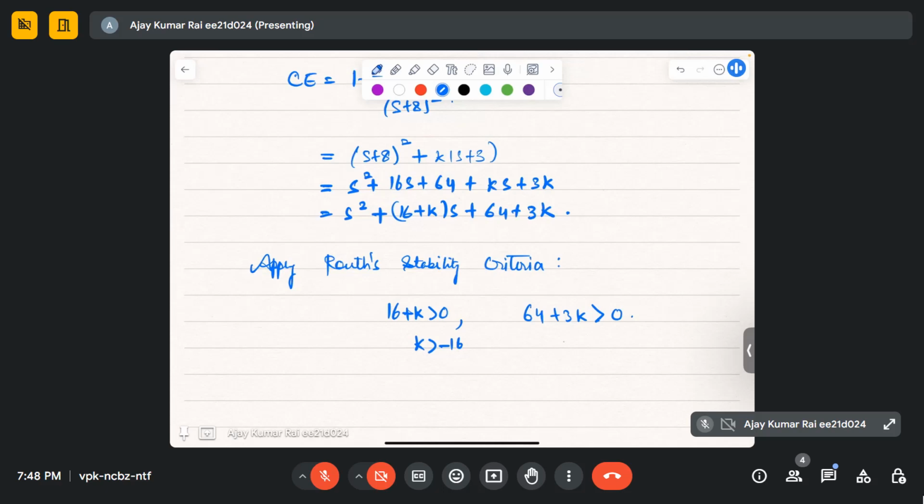From here, if you find out the value of k, k should be greater than minus 64 by 3. Yes, this is negative, right? So what is this value?